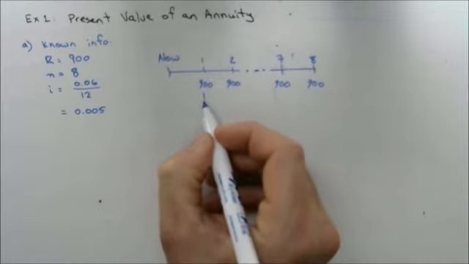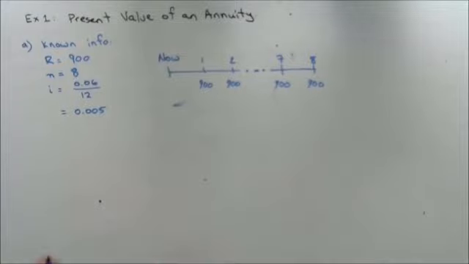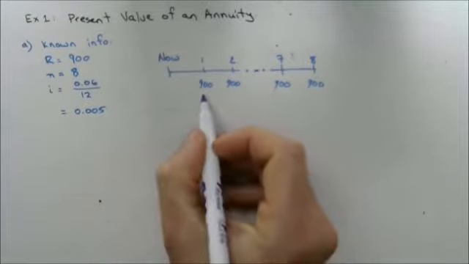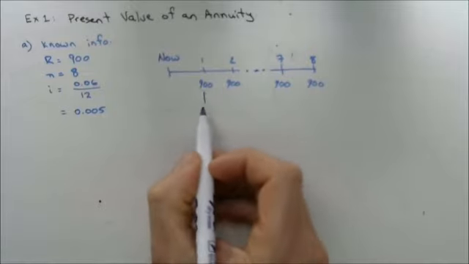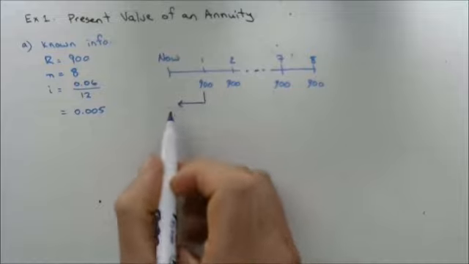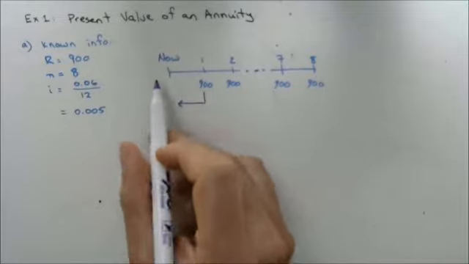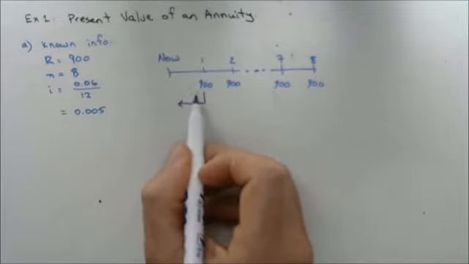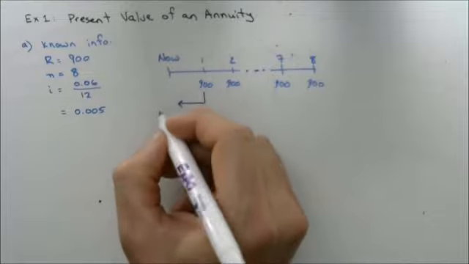Great. Now to calculate how much he needs, let's switch colors because switching colors is fun. The difference between blue and purple is pretty negligible in the camera, but I can see it. How much does he need in the account now, saved up, in order to pay himself $900 in 1 month after another compounding period?